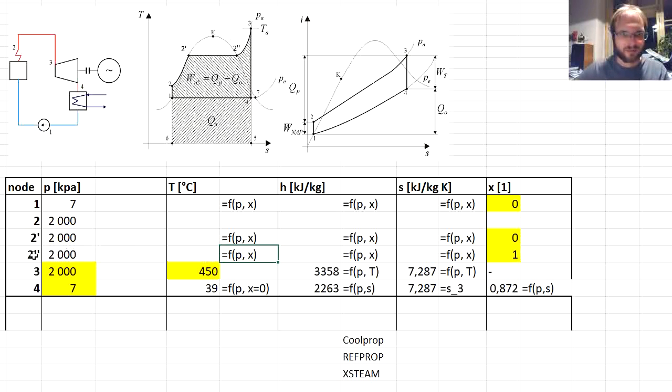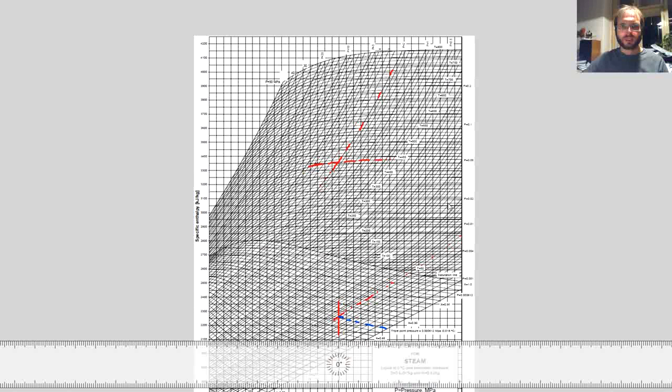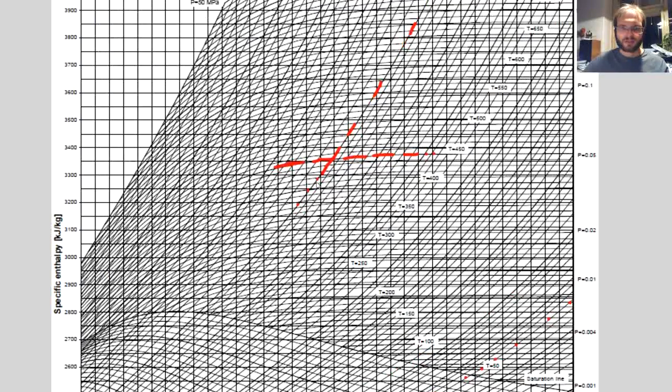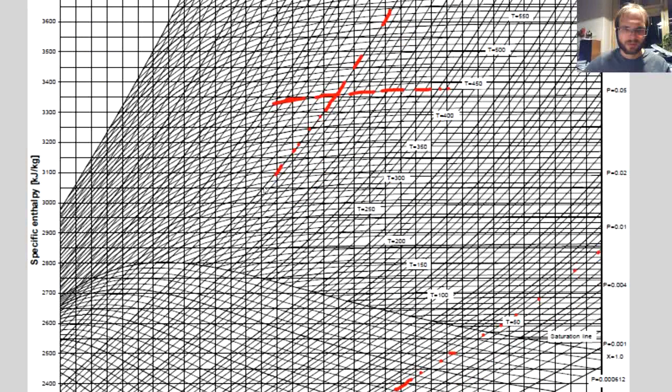So let's start with the point 2 double prime, the saturated vapor at 2 megapascals. So let's go back to our diagram, and we already have here the isobar 2 megapascals, and we just continue on this isobar further down up to the point of the saturated vapor line.